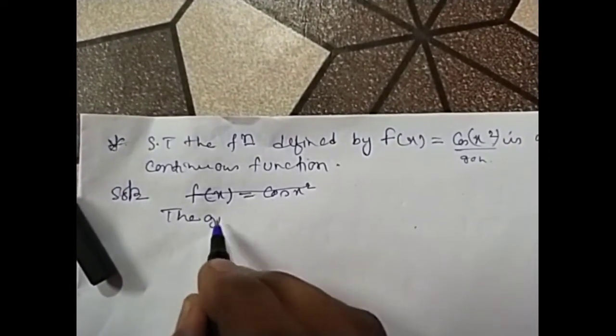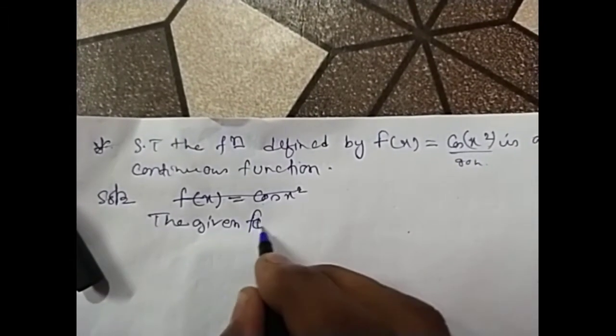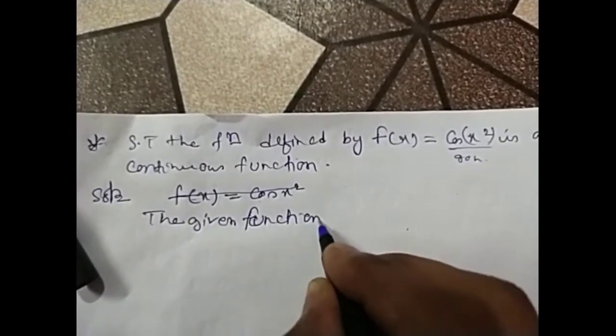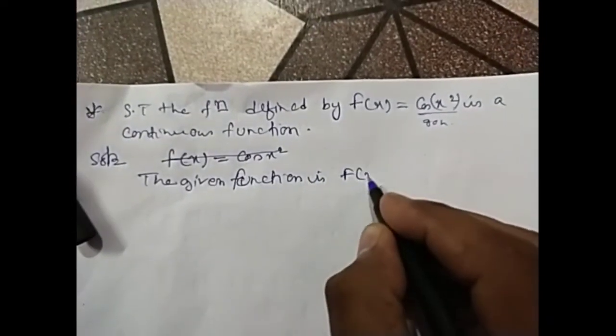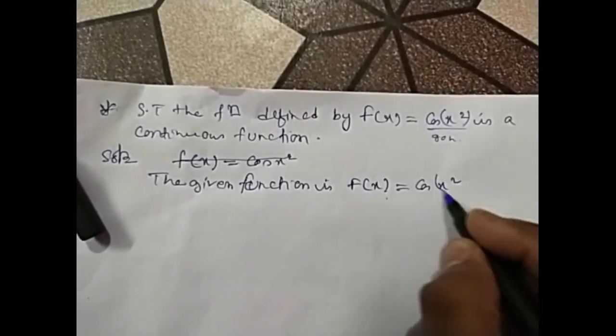The given function is f(x) equal cos of x square.